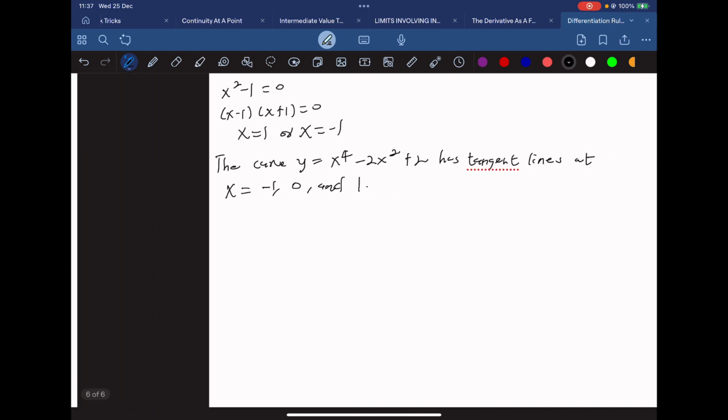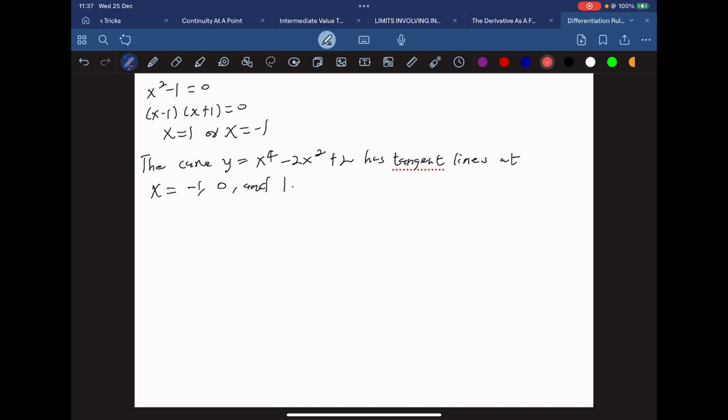Now, let's move on to some important concepts that we should know. That is the derivative product rule.